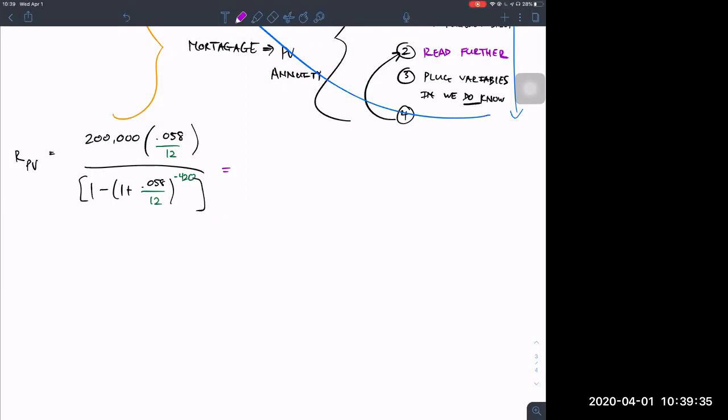I actually left my calculators back in the office. 1 minus 1 plus 0.058 divided by 12 raised to the negative 420. Okay, assuming that I did this correctly, we should have gotten 1,113.64. If anyone wants to double check that, by all means, go ahead. Yeah, that's right. Awesome. That's what I got.